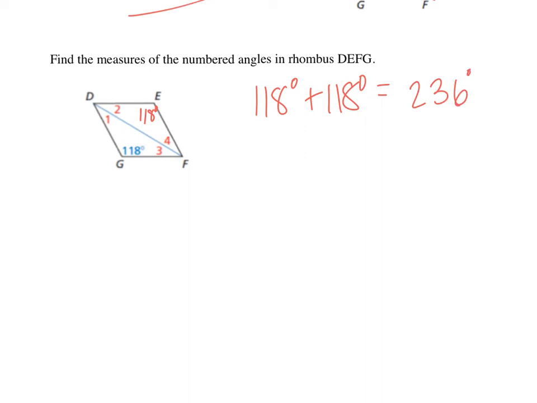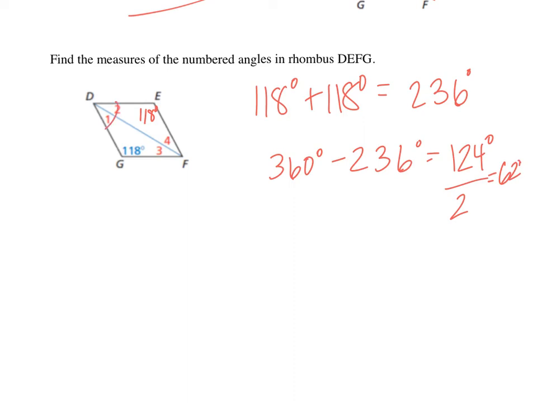If we subtract that from 360, because that's the total angle measure of a quadrilateral, we get 124 degrees. Divide that by 2 because it has to be split between the two angles. Angle D is 62 degrees, and angle F is 62 degrees.